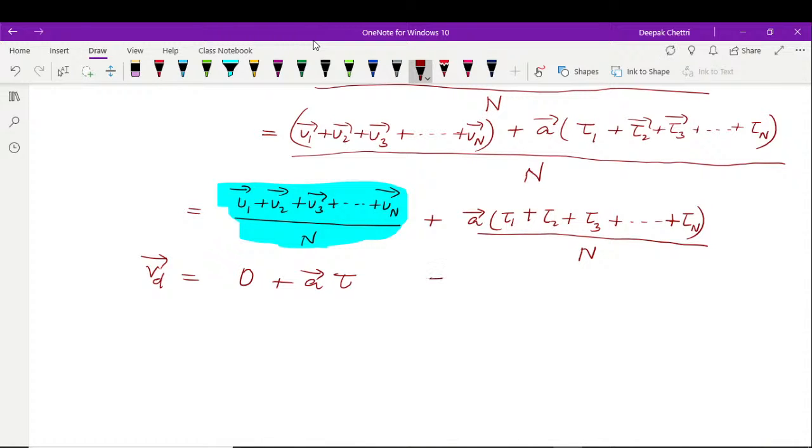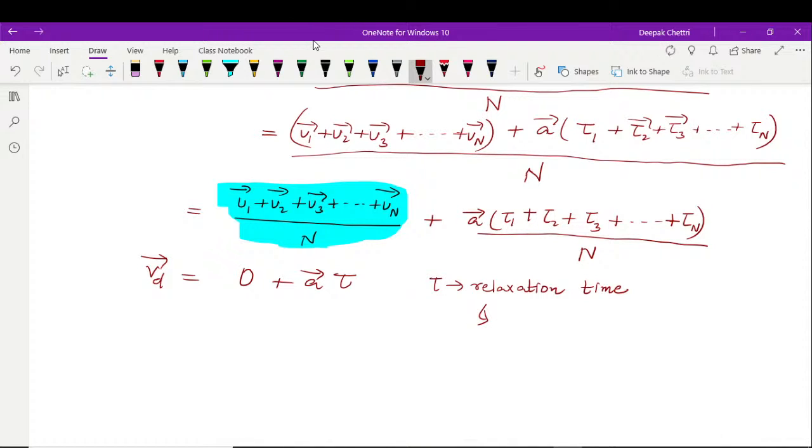And this tau is called your relaxation time. What do you mean by relaxation time?